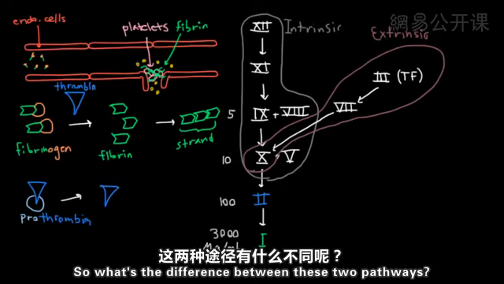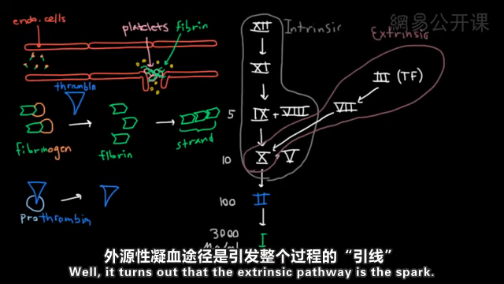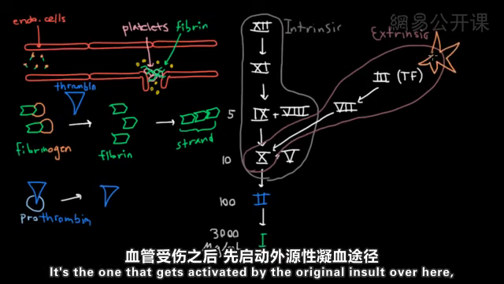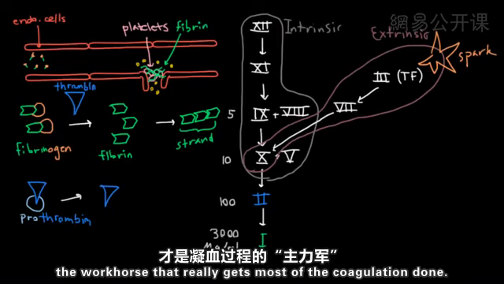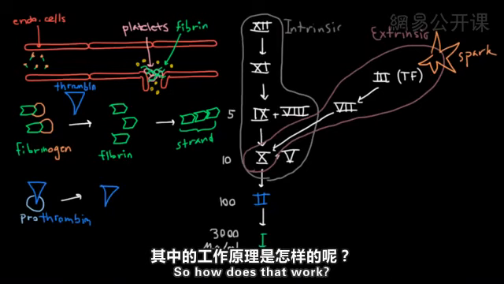So what's the difference between these two pathways? Well, it turns out that the extrinsic pathway is the spark. It's the one that gets activated by the original insult over here, whereas the intrinsic pathway is kind of like the workhorse that really gets most of the coagulation done. So how does that work?